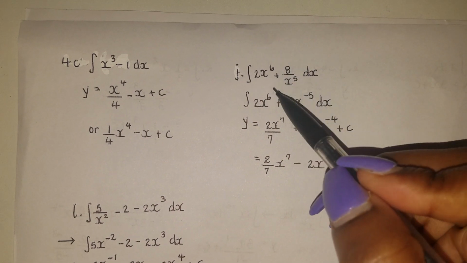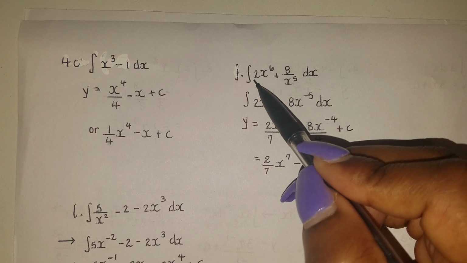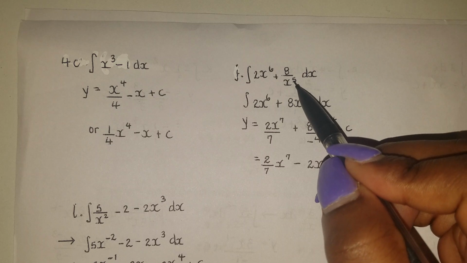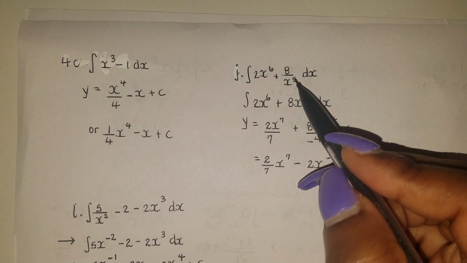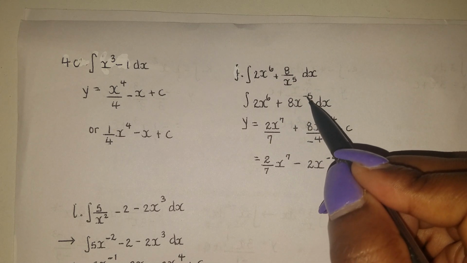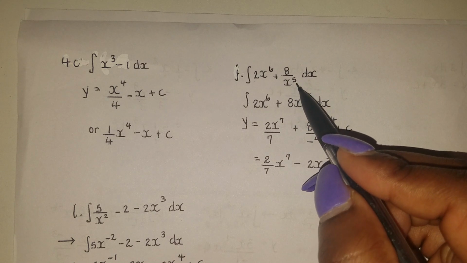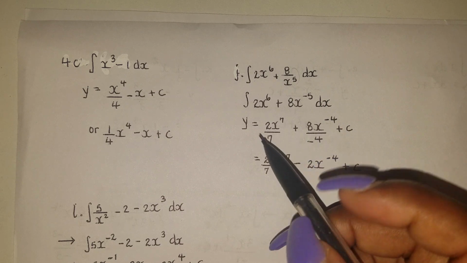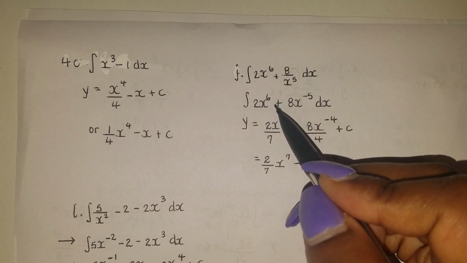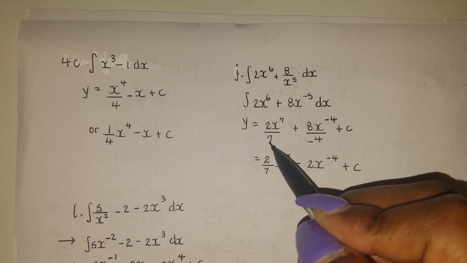In part J, we were given the question 2x raised to the 6 plus 8 over x to the 5. I went ahead and rewrote the 8 over x to the 5 as 8x raised to a negative 5 after this gets brought up. So now let's integrate. We add 1 to this power of 6 to get 7 and divide by that 7.